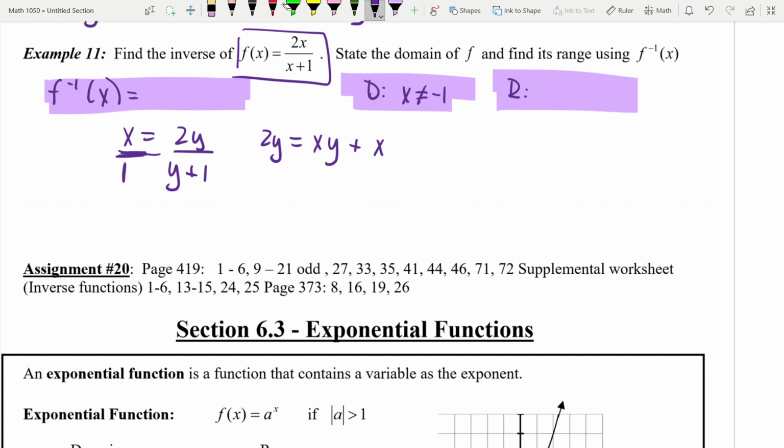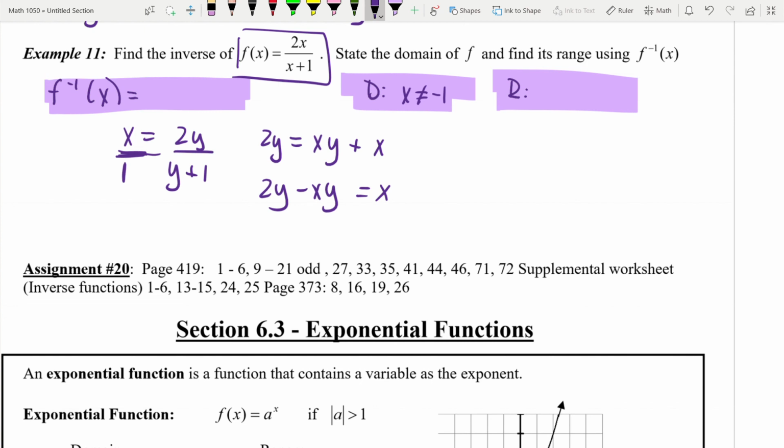So this is going to be 2y minus xy equals x. Now I have a problem. I'm trying to solve for y, but I can't add 2y and xy. I can't combine those. I can't divide by x because it's just going to make a mess. And besides that, what if x is 0? I just divided by 0, so I can't do that.